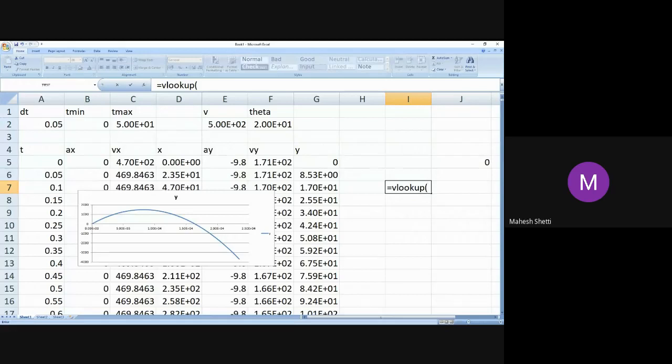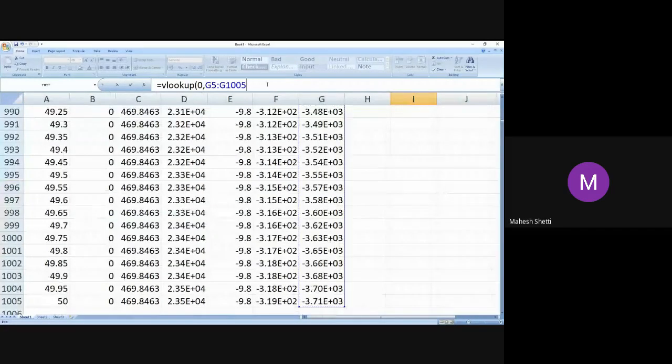The lookup value is when it is going to become 0. And which array I want to see: this array. And third, I want to find out the column index.